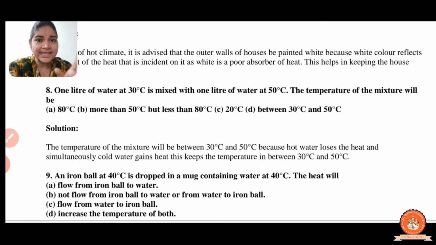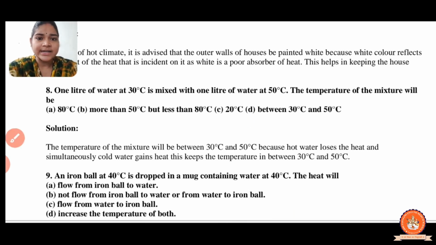The 50 degrees Celsius water is hot as compared to the 30 degree water. So the hot water loses heat and simultaneously the cold water gains heat, and this keeps the temperature between 30 and 50 degrees Celsius. So that's why the answer is between 30 degrees Celsius and 50 degrees Celsius.